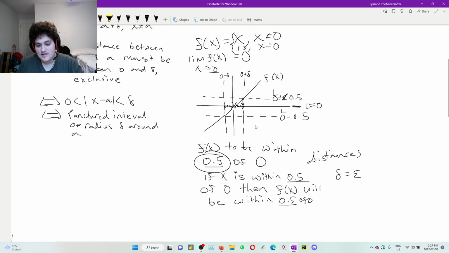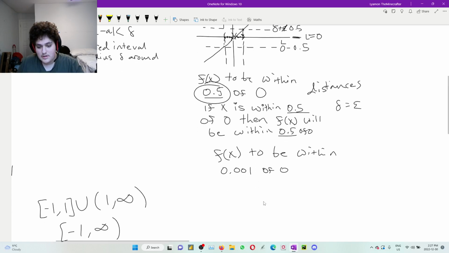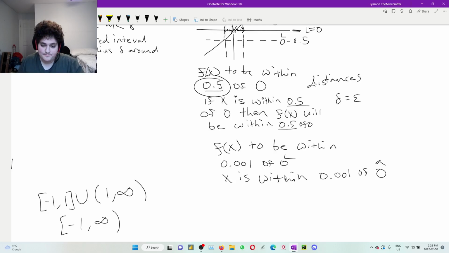And what's cool here is that, let's say somebody tells you, I want f of x to be within, I don't know, 0.001 of 0. Well, then I can just tell you, okay, to guarantee that, make sure that x is within the same thing. Right, so this is our limit and this is our a, which happen to be the same. They're not always the same.